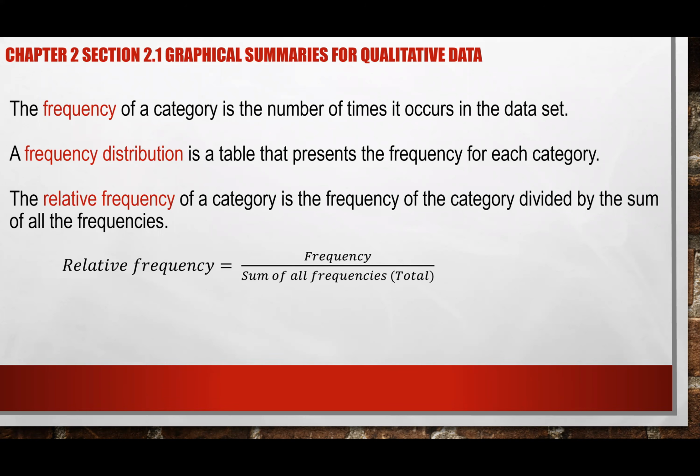So again, they won't ask you what the definition is. They basically just ask you to find the relative frequency, or construct the frequency distribution table. Okay, so again, only in chapter 1 they ask you a definition. After that, you have to understand the definition to apply it to the problem.